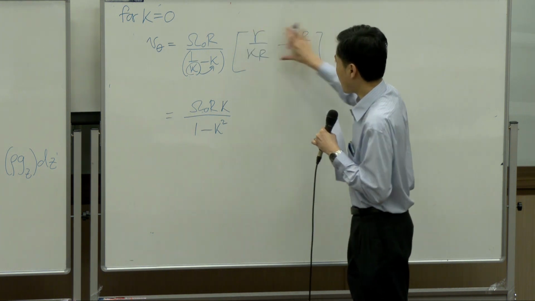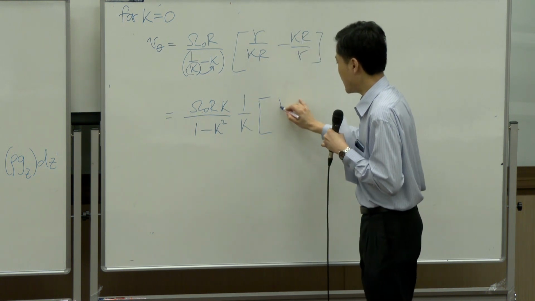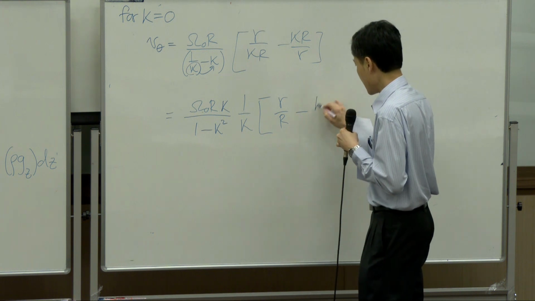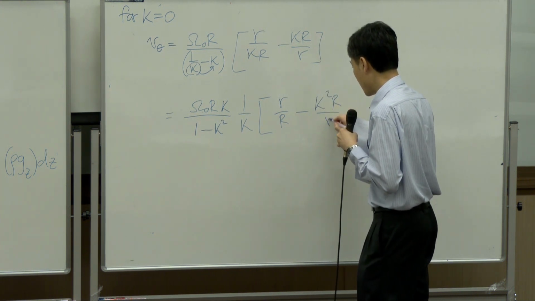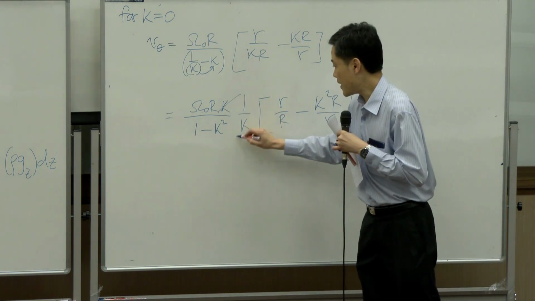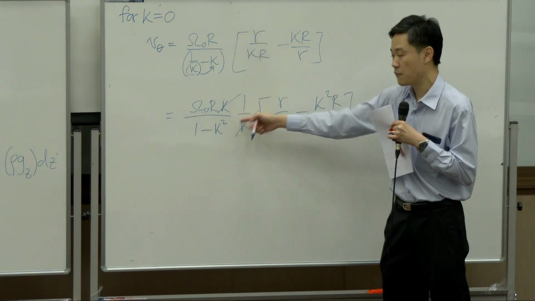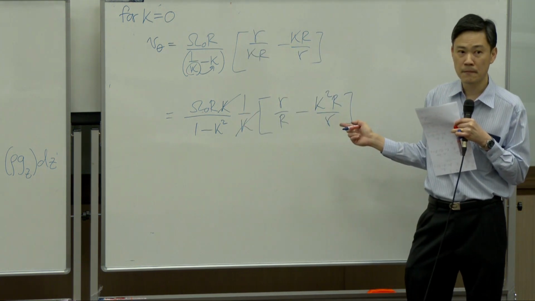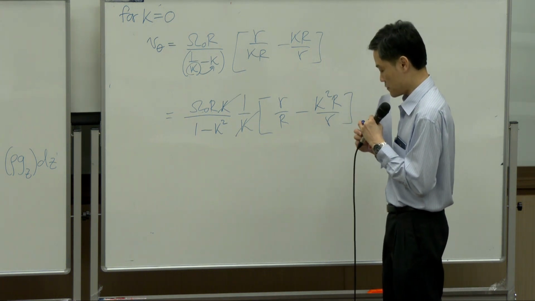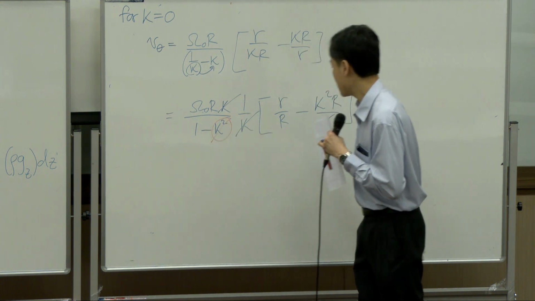In this part, I can take 1 over K out. Then I have r over capital R subtracted by K squared capital R over r. I can do that, and this K and that K cancel out. Then I can apply K equal to 0 without any problem. If K equal to 0, then this term will be 0.